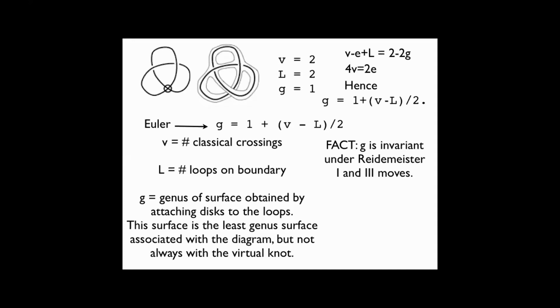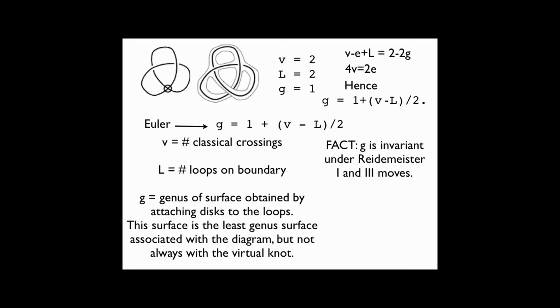But the number of faces is the number of disks you added. And the number of disks you added is the number of components in the boundary of the ribbon graph. That I called L here. And if you look at this one, you see that it has 2 boundary components, one long one that goes all over the place and one tiny one up there in the top of the diagram.